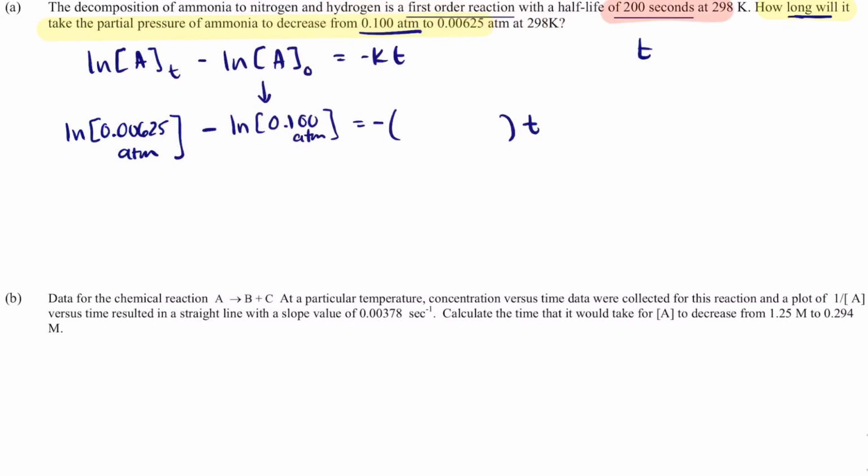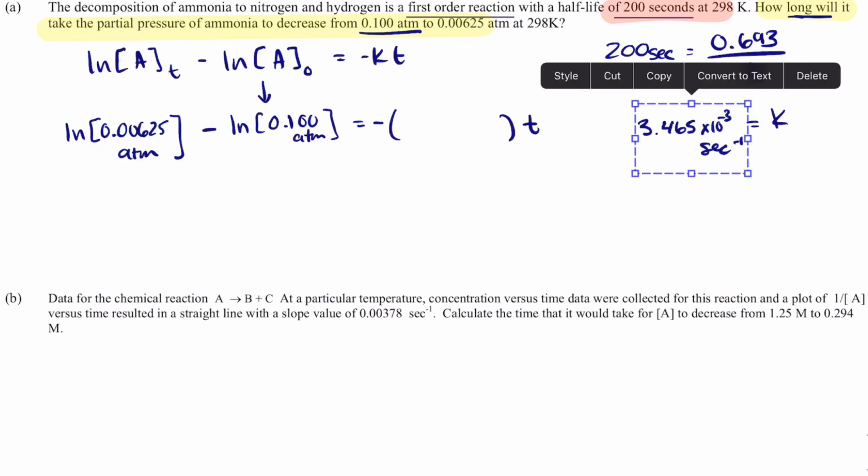So there's another formula, T1/2 equals 0.693 divided by K. And so what I can do is I can erase the half-life because they tell us that it's 200 seconds. So when I math that out, I get 3.465 times 10 to the minus third, and that's seconds to the minus 1 power.